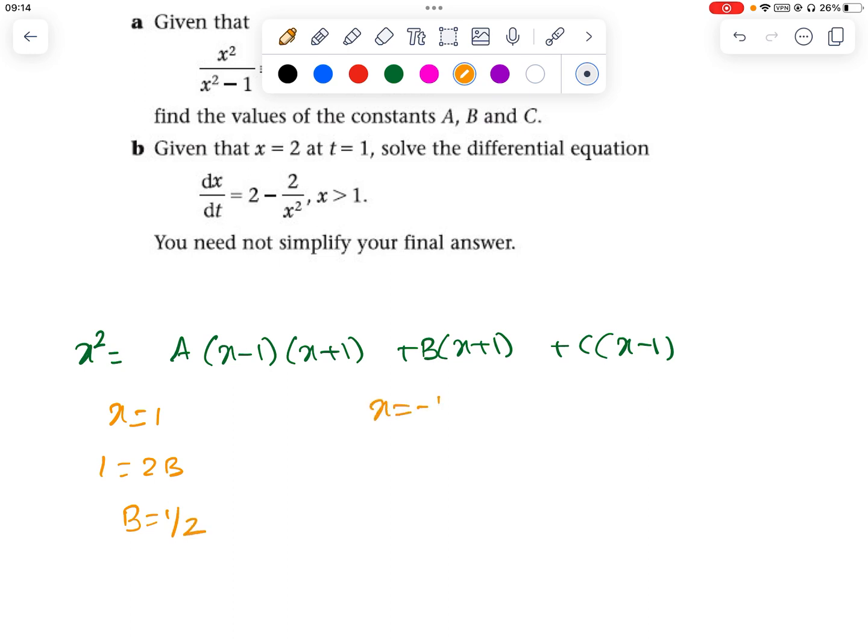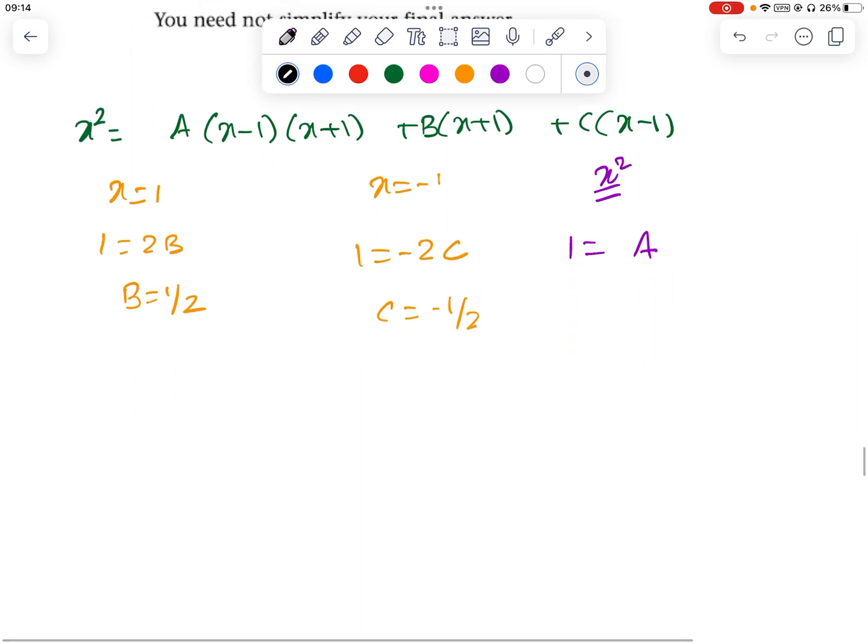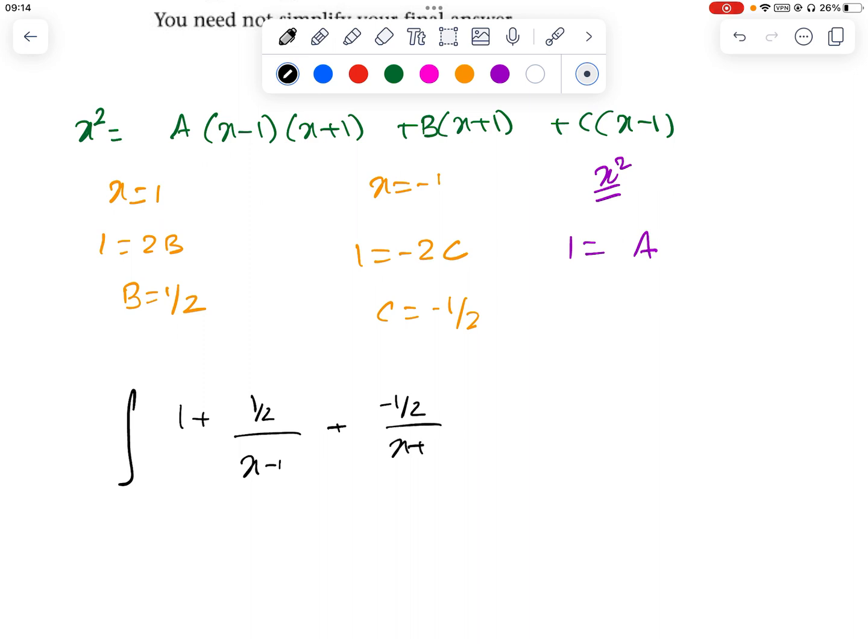Plug in x equals negative 1. 1 equals negative 2C, C equals negative 1/2. Then compare the coefficients of x squared. 1 equals A. Then we get the partial fractions, and I apply the limits or integrals. 1 + (1/2)/(x - 1) + (-1/2)/(x + 1) dx.